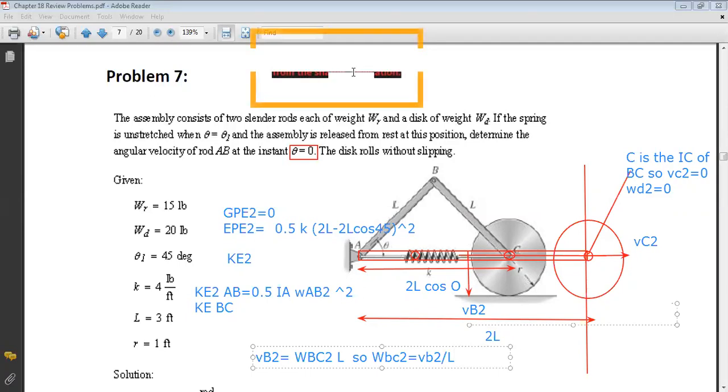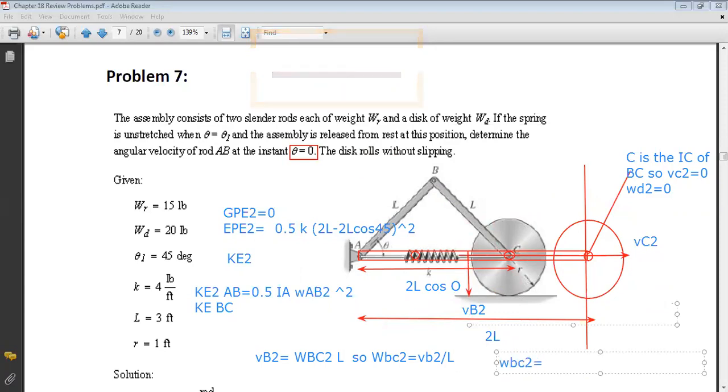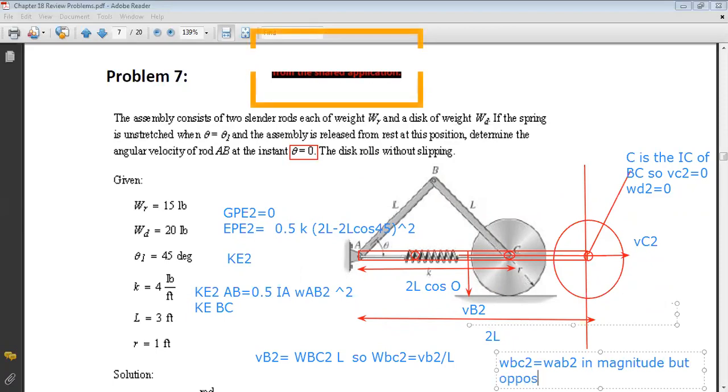Why opposite in direction? Because look, this is VB2. Omega AB is rotating in the clockwise direction, while BC is rotating in the counterclockwise direction. In magnitude, omega BC2 equals omega AB2, but here I don't care for direction because I'm doing a square.